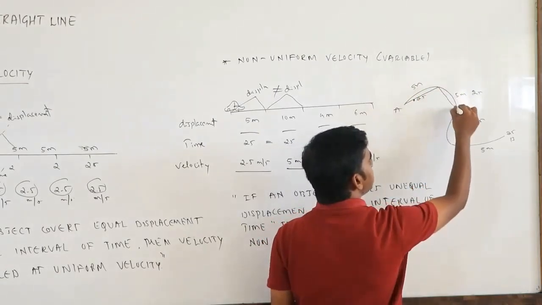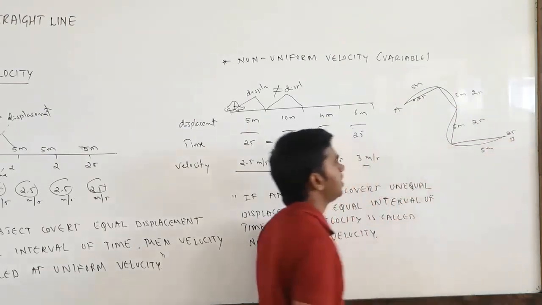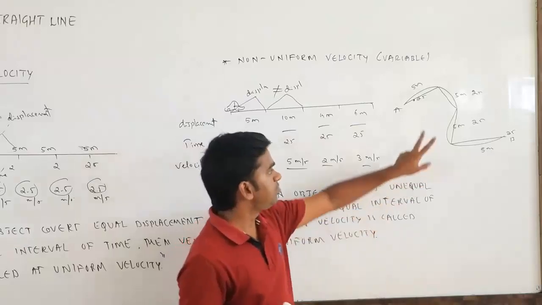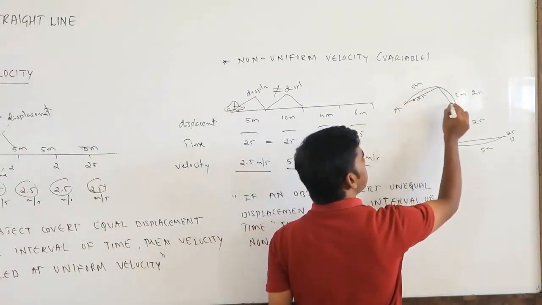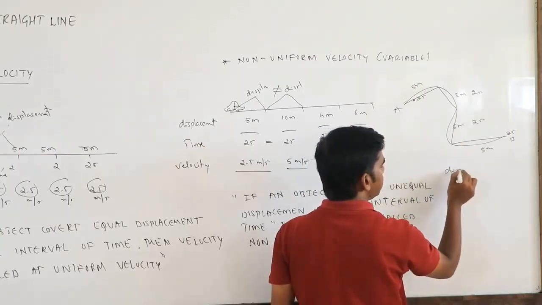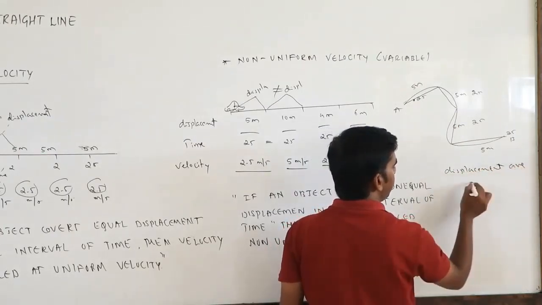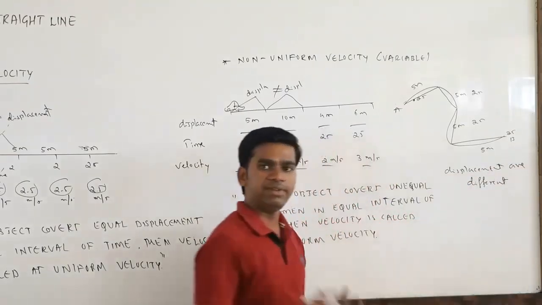Here displacement is this one, here displacement is this one, here displacement is this one. If you look at the diagram, displacements are same or different? Displacements are different. These distances may be same, but these displacements are different. So velocity will be different.